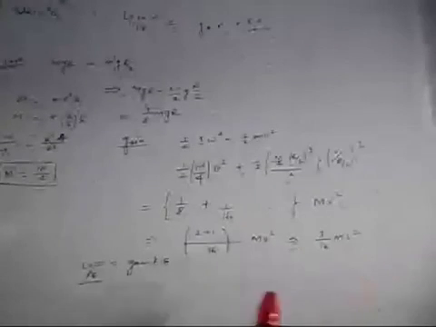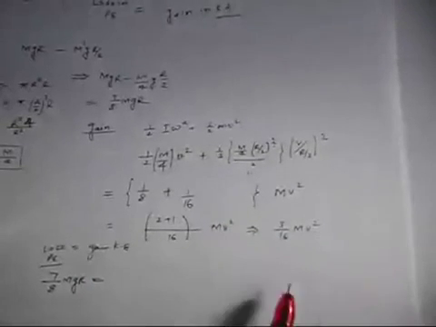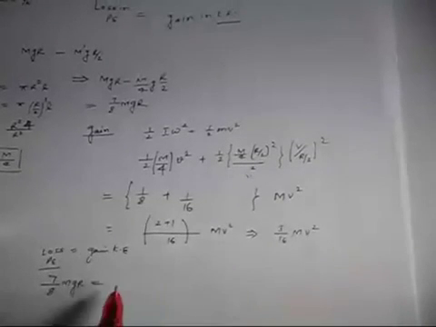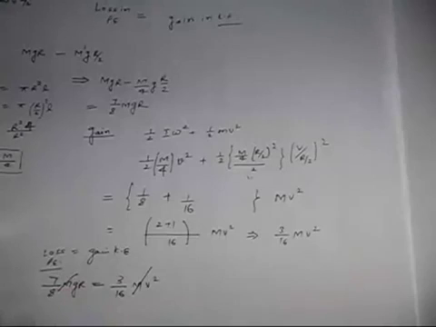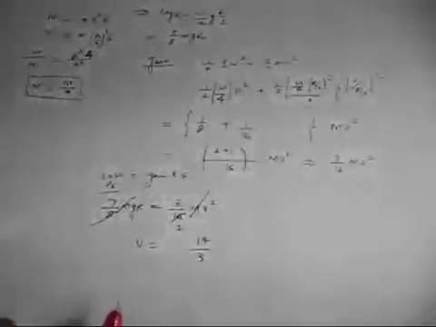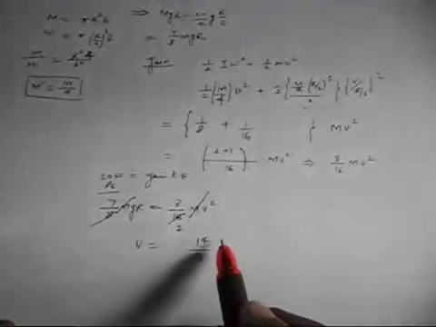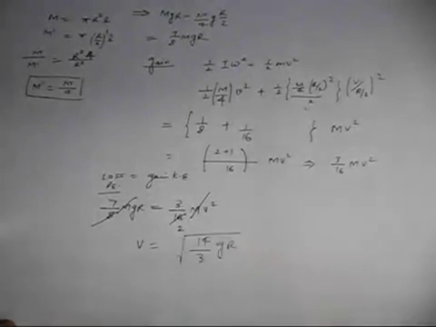And the gain is 3 by 16 m v square. Now m cancels out. So v square is nothing but 14 by 3 gr. So if I take the square root, v is the square root of 14 by 3 g r.